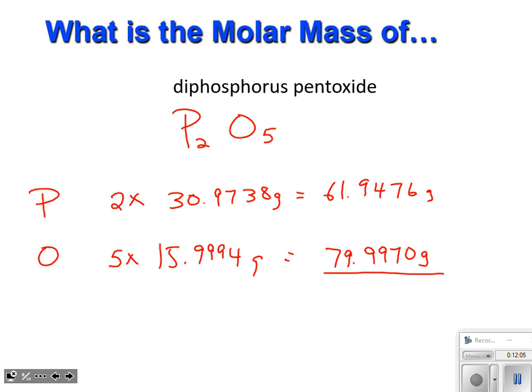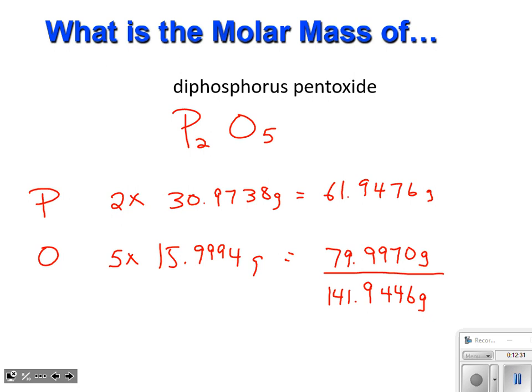I add them all together and I get a value of 141.9446 grams. So 1 mole of diphosphorus pentoxide weighs 141.9446 grams.